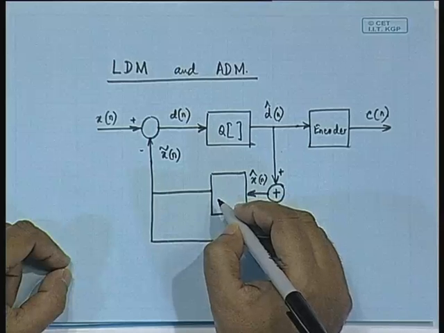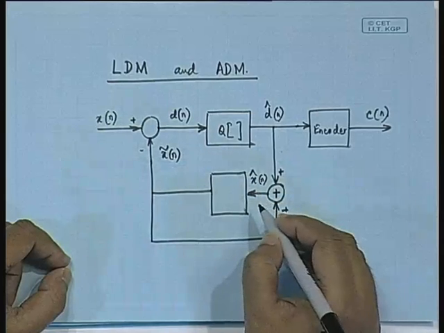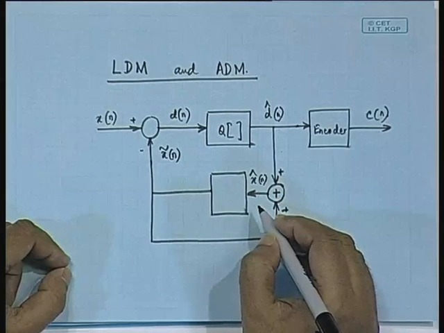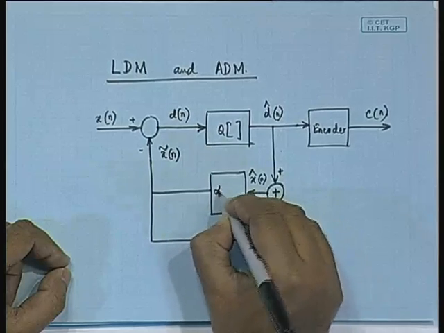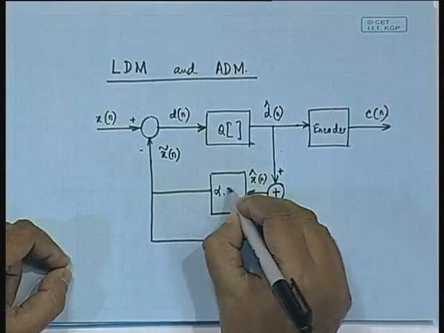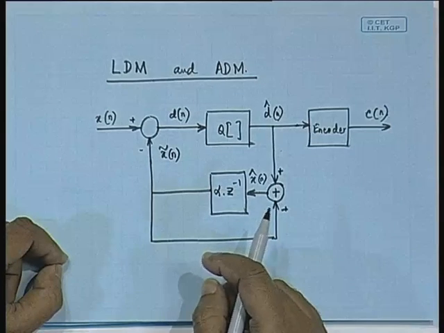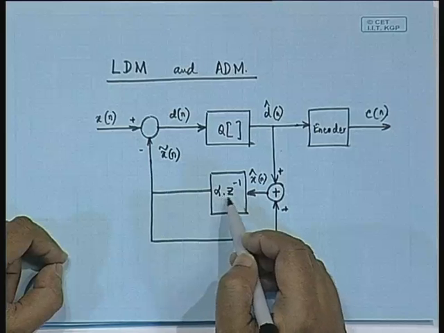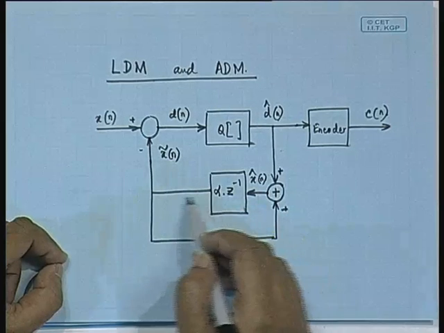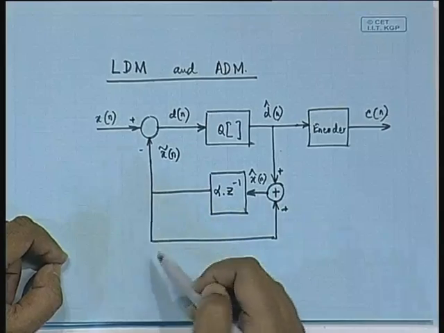If the estimate is based only on the previous sample, then we can take only one previous sample, which means that if we multiply this by alpha and put it through a unit delay given by z to the power minus 1, then after putting this x cap through alpha times z to the power minus 1, we will be able to generate the predicted signal, which is x tilde of n.